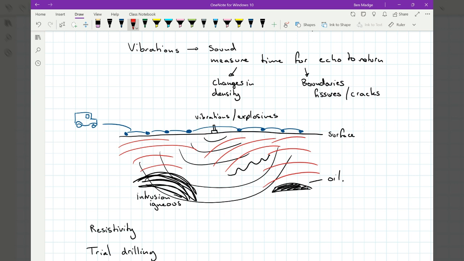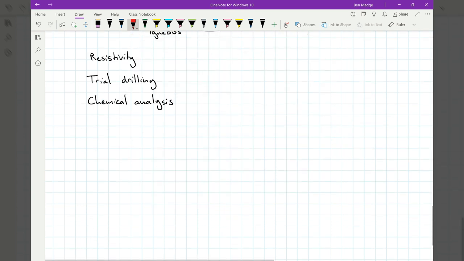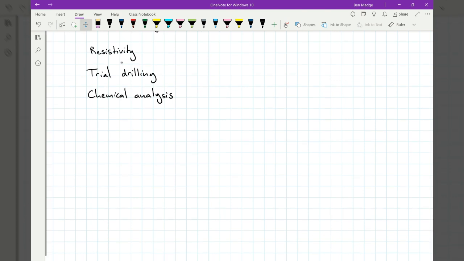So that's a good one. Covers relatively large area. Next one then, we're zooming in a bit closer, covers less distance.